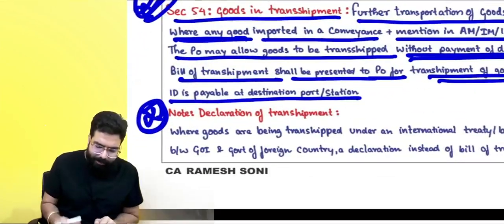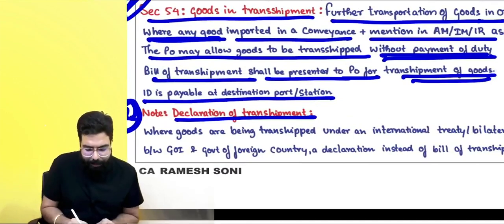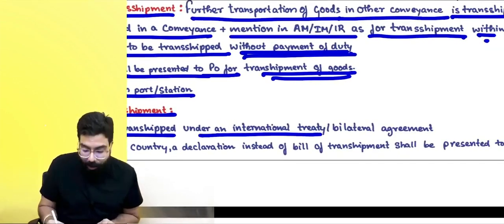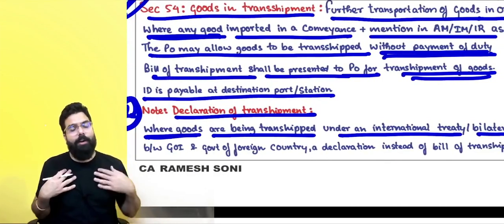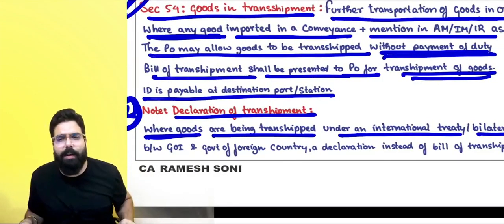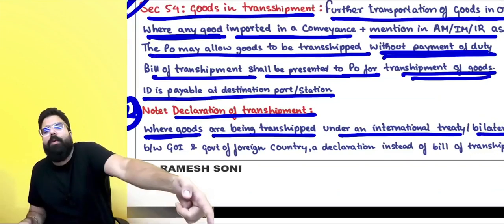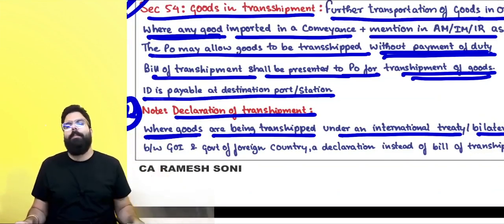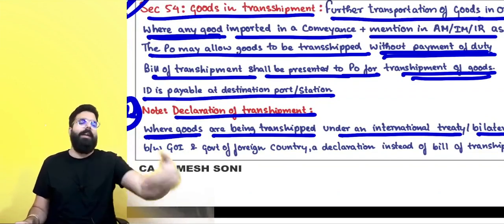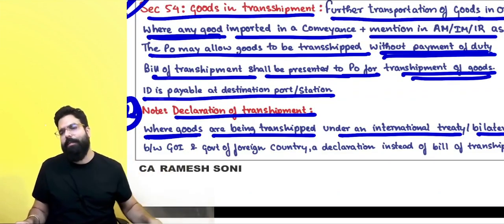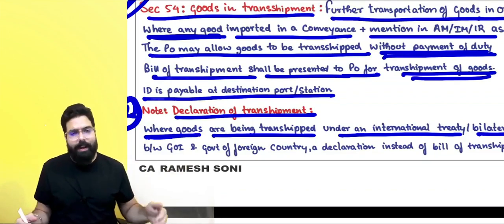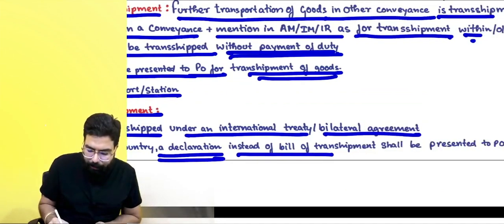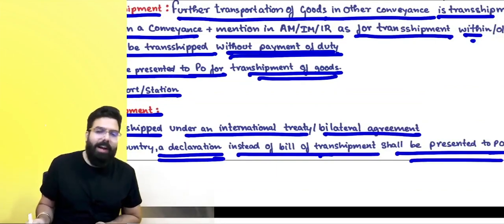What is a declaration? A declaration of transshipment is used when goods are being transshipped under an international treaty or a bilateral agreement. So the Indian government and the Sri Lankan government have a bilateral agreement. If India's goods are going to Sri Lanka, then at the Indian port a bill of transshipment will not be required, because the two governments have a treaty, and hence only a declaration instead of the bill of transshipment shall be presented to the proper officer.